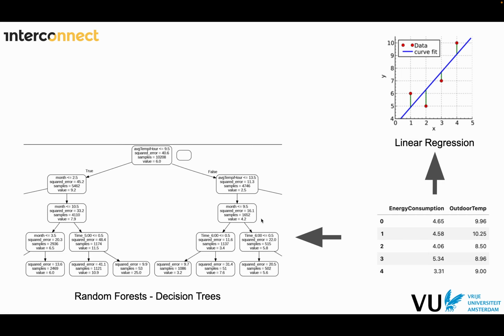Another one is a bit more complicated, where based on various input parameters, let's say the average temperature per hour, the outdoor temperature, you can have the time of the month, the time itself, and other values.